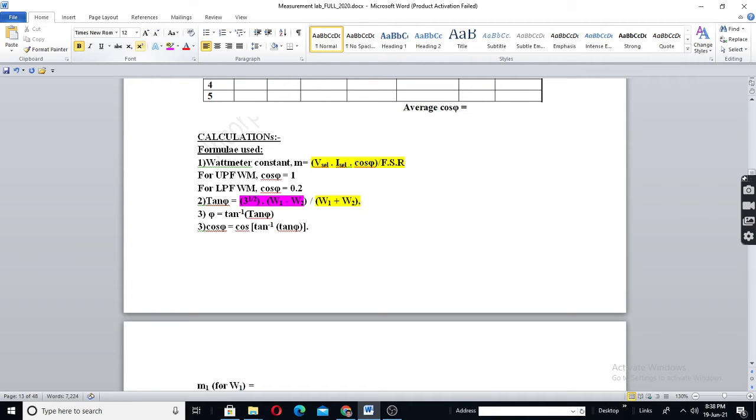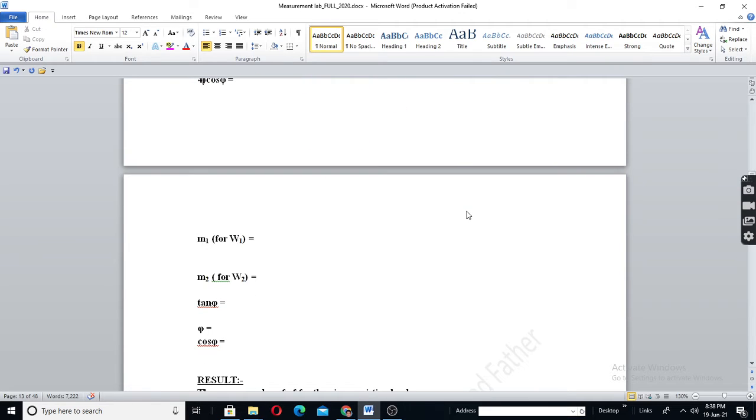You will get phi. Then cos phi you will get directly like that. You can write. Now this becomes easy for you to understand. So 4 steps.